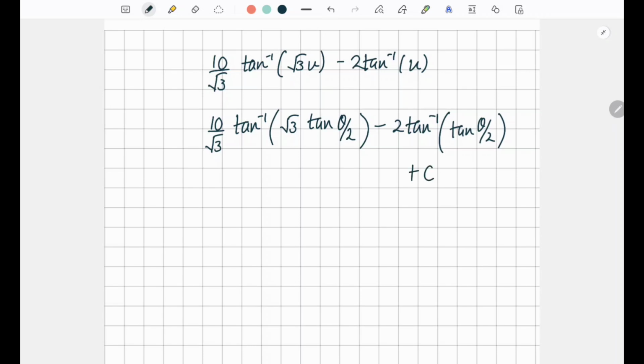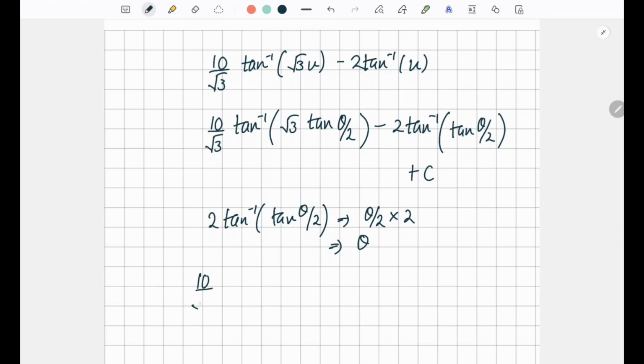And there's one more thing you guys need to know. So tan inverse tan theta over 2 equals theta over 2. Now since we have 2 in front, you multiply that by 2, so it's going to be theta. So I'm going to change my answer.